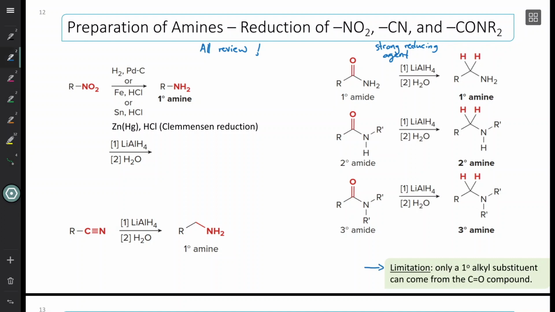It's great to make all these amines. You can make tertiary and secondary amines, but they will all be CH2NH or CH2NR2. So the amine might have different substituents, but your carbon next to it will always be CH2 because you're reducing that carbonyl carbon. So maybe that's a downside, and you don't want to do that.